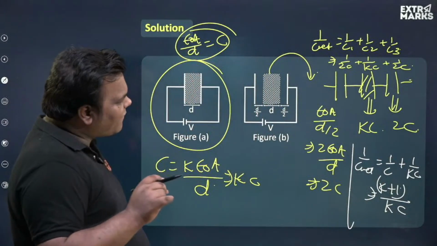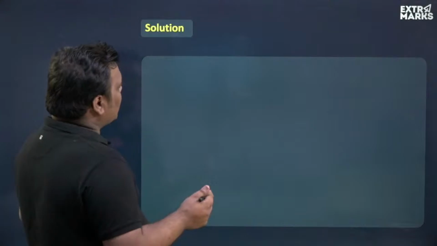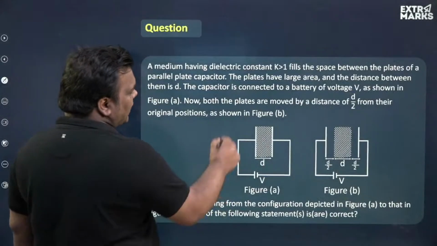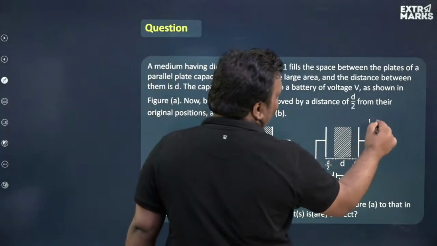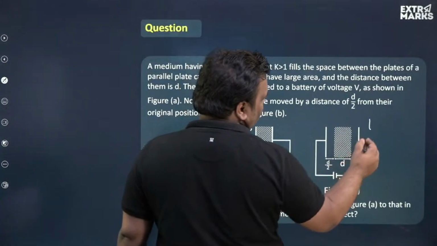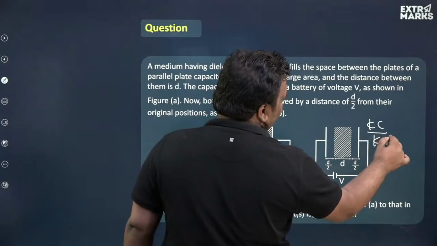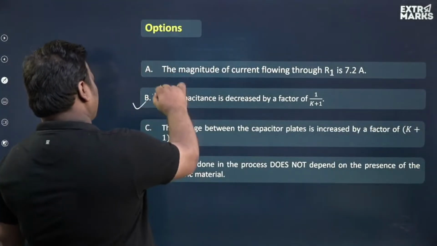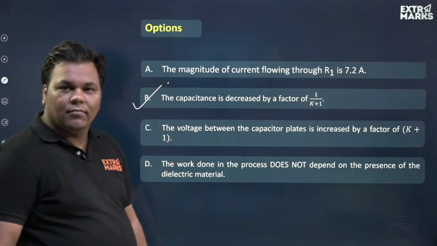That is my final answer. If you can observe, initial capacitance was what? Initial capacitance, if you see, it was KC, final is KC divided by K plus 1. So that one is correct.